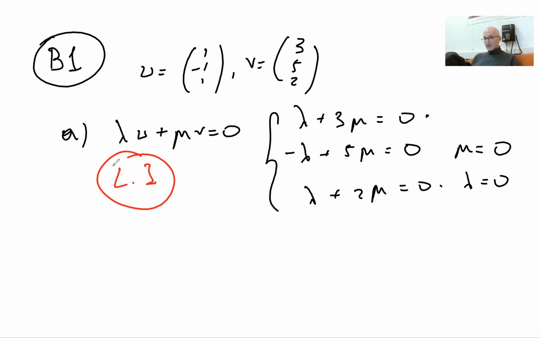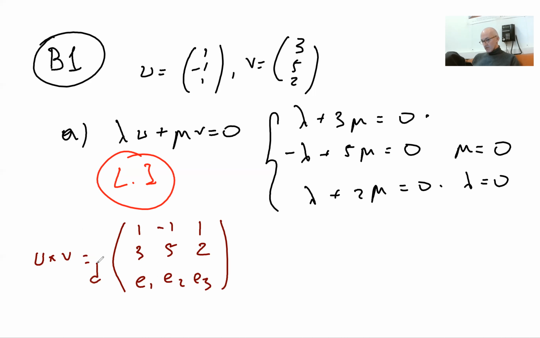Of course, alternatively, as in the previous problem, we can just take the cross product of u and v. Let me remind you how to find this cross product. You can write down these vectors as rows of a matrix, and here you put vectors e1, e2, e3, and take a determinant.